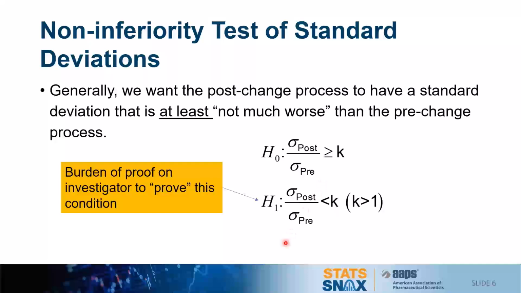So what we're interested in here is the ratio of the standard deviation of the post-change process to the pre-change process. And I'm using this Greek letter sigma here to represent the true standard deviation of the post-change process, and this sigma with the subscript pre to represent the standard deviation of the pre-change process.